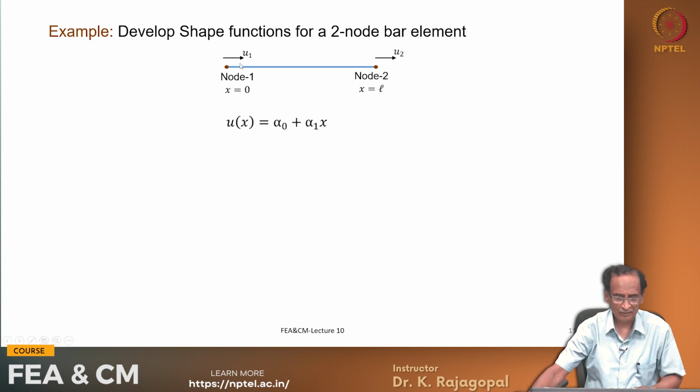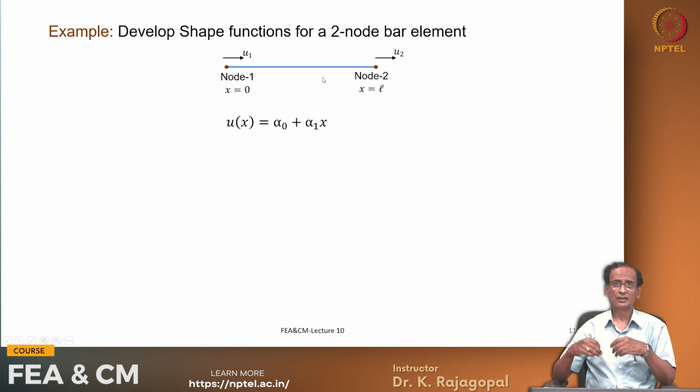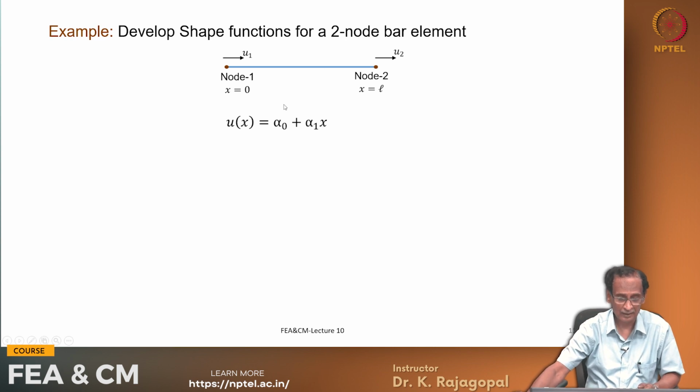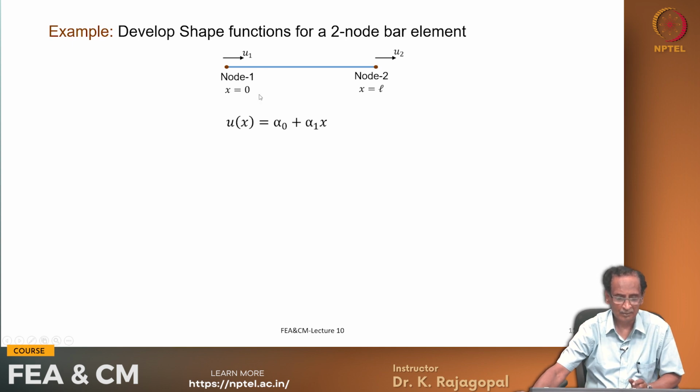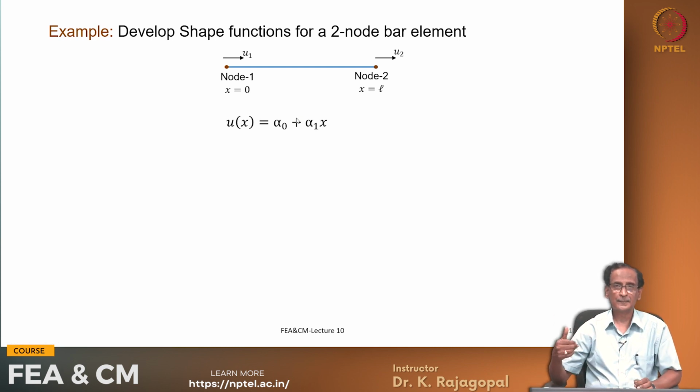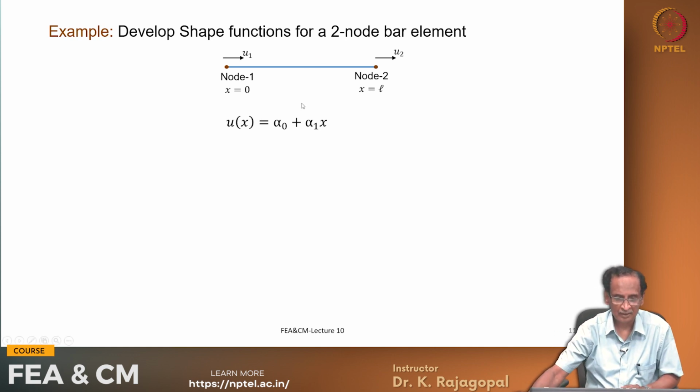And we develop the shape functions in different ways, and one is called the generalized coordinate system, where we assume some polynomial, and the number of terms in the polynomial is equal to the number of nodes in the element, and the polynomial order we can decide based on the type of element that you have. So, in this case, since you have two nodes, we can have two terms in the polynomial. u can be alpha naught plus alpha 1 x.